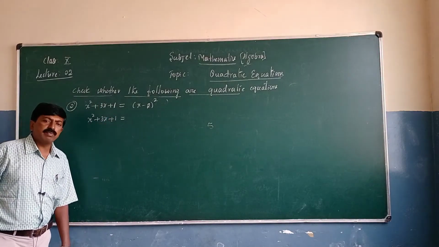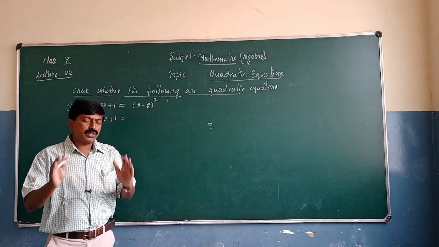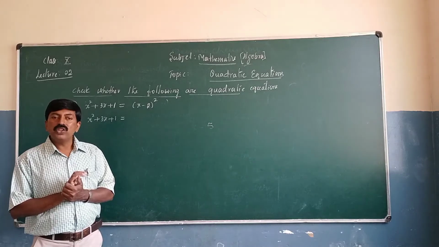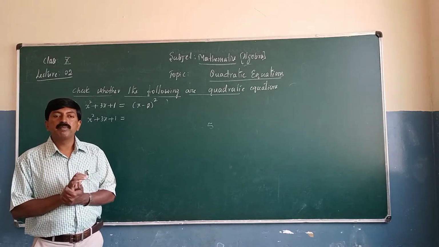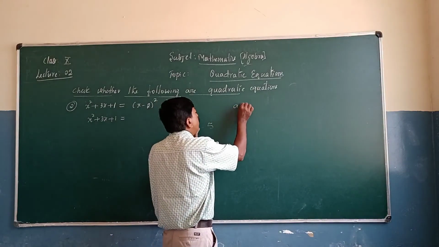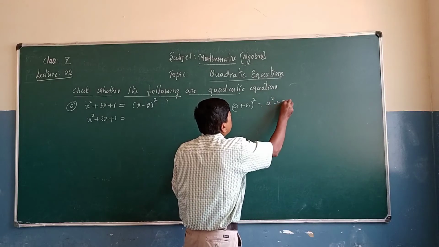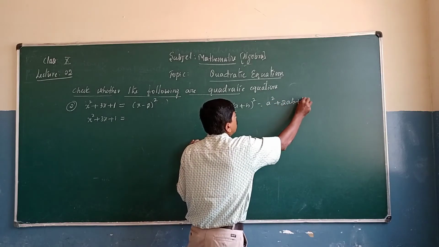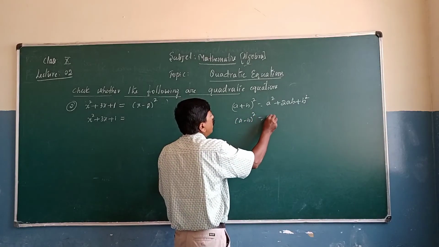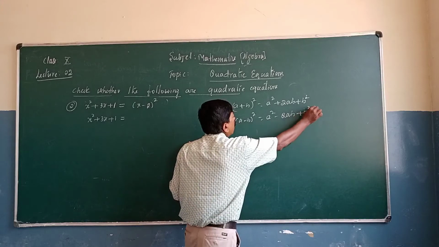In RHS, how to simplify (x - 2) whole square? Yes, you can recognize the identities. That is (a + b) whole square is equal to a square plus 2ab plus b square, and (a - b) whole square is equal to a square minus 2ab plus b square.